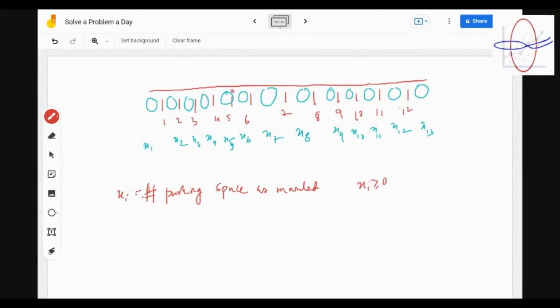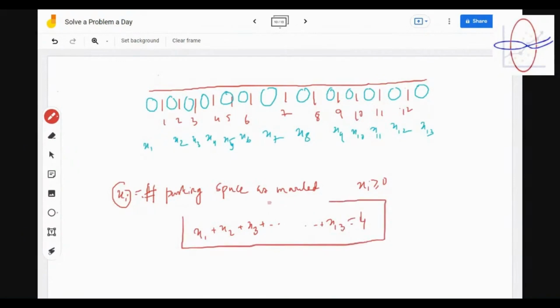If it is equal to 0, then there's no space in between. So you can understand that 4 parking spaces are left, so the sum of all the xi must be equal to 4, right? And one can only park if there exists an xi greater than or equal to 2.